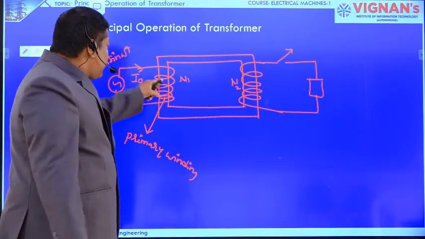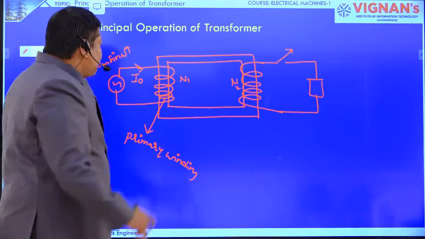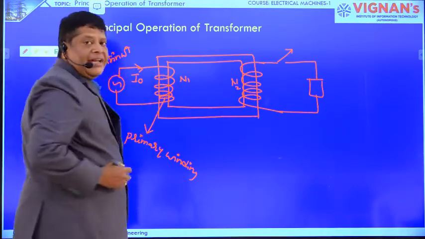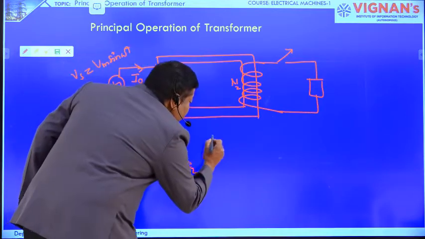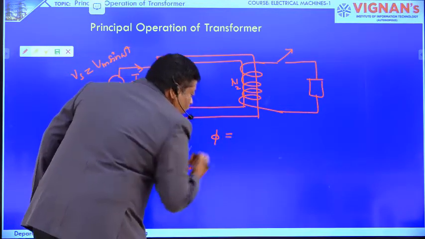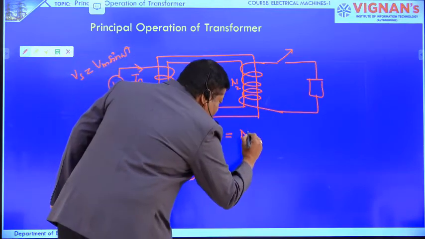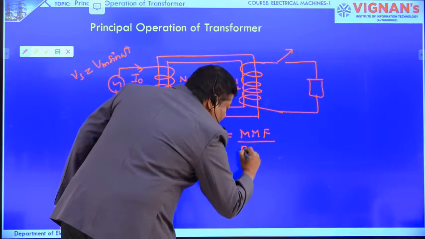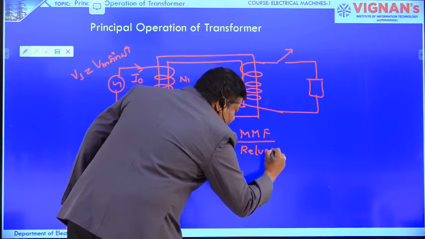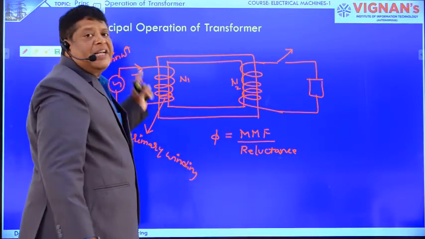Whenever the primary winding is taking a current from the supply, a flux will be created from the primary winding. The flux created from the primary winding, phi, equals the MMF created at the primary winding divided by the reluctance to the magnetic flux.